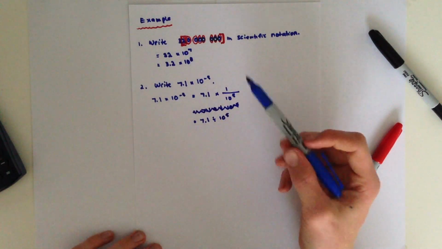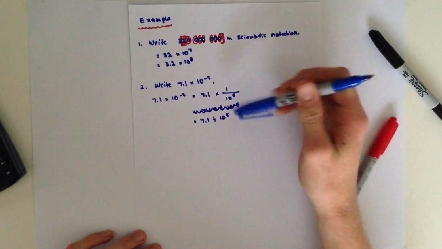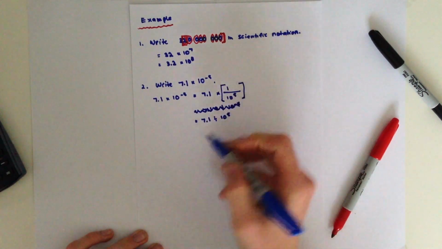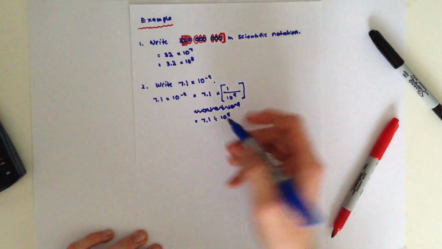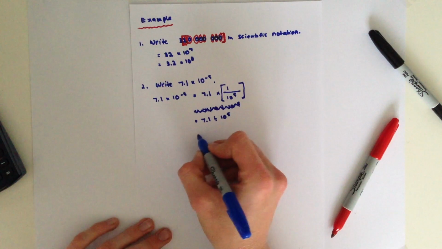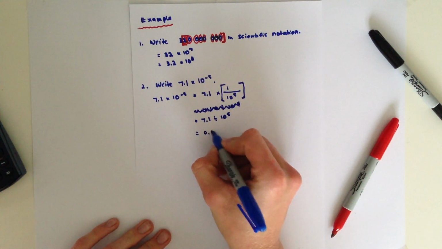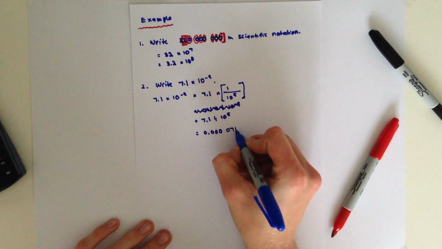So it's just using the index law, you change it to this, and then you can take the reciprocal of it, and that's equivalent to dividing by it. You just type that in your calculator, and you get 0.00071.